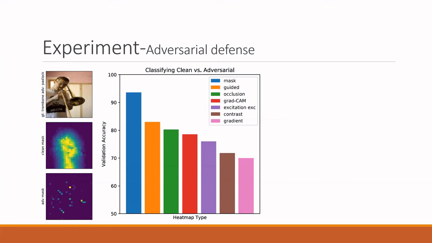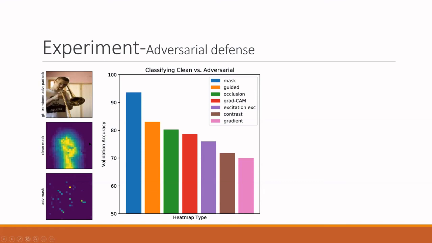But in this method, they just identify this instrument. This is the attacked image, which is identified as padlock, an adversarial example, but it can still identify that this is an instrument.